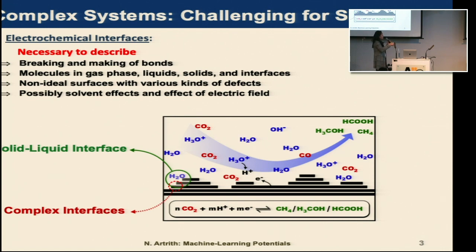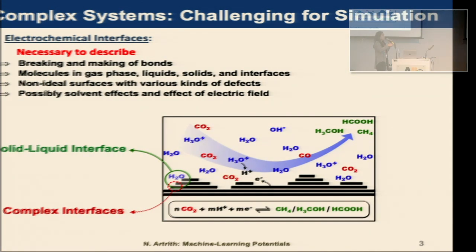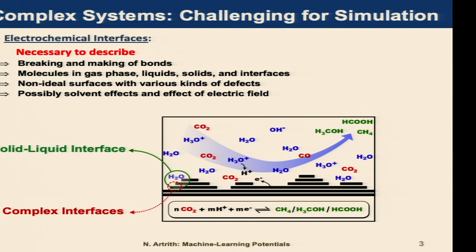What we would like to describe is, for example, this simple cartoon that I show of the reaction mechanism of a catalyst on the very complicated surface that you would have in the experiment, including molecules and also a very complicated interface, or even not a pure solid-liquid interface, but sometimes also solid with different kinds of materials.